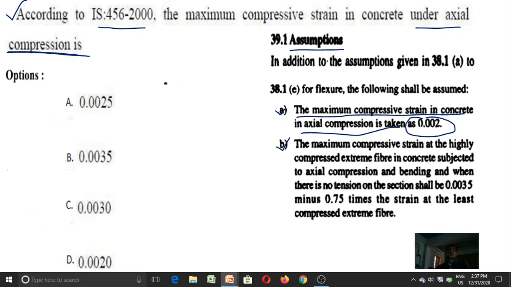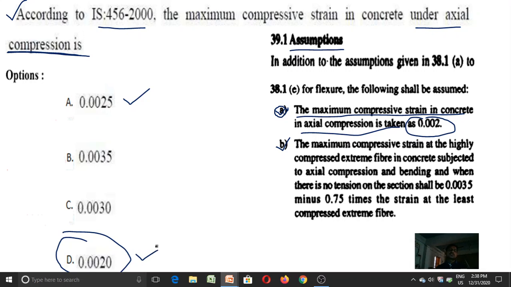If you see the options here, option A is 0.0025, option B is 0.0035, option C is 0.0030, and option D is 0.0020. According to this assumption, condition A is satisfied, that is the maximum compressive strain in concrete under axial compression is 0.002. So option D is correct.